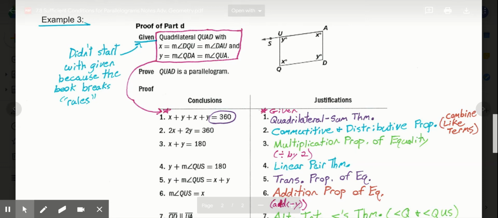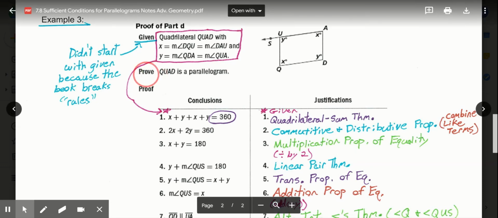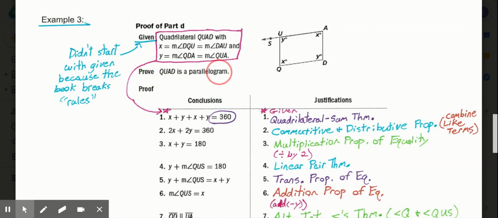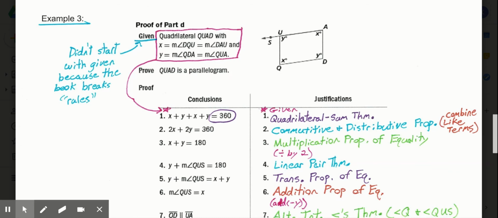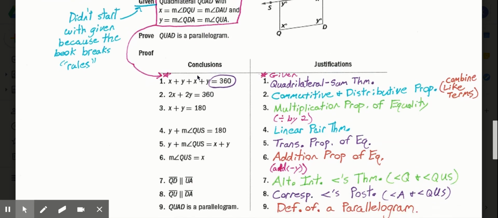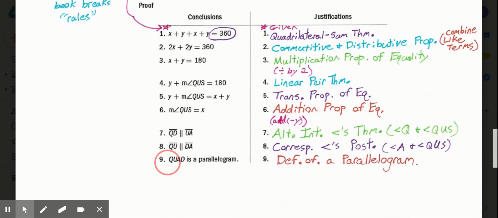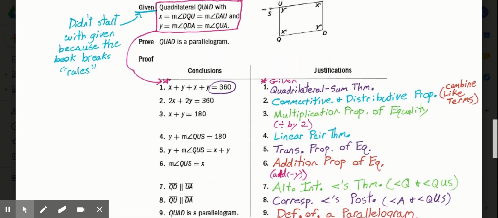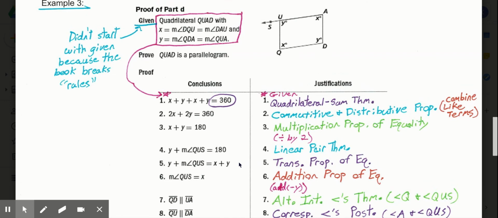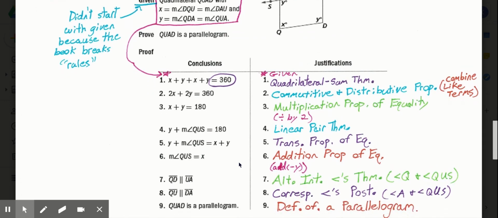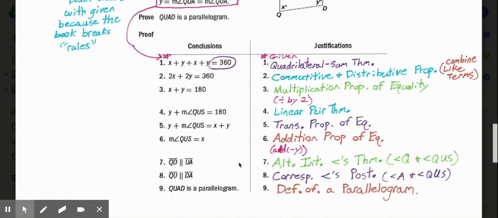Now, we always want to look at the prove statement. QAD is a parallelogram, so we know our final goal is to prove QAD is a parallelogram. So they filled in the conclusions for us. We just had to fill in justifications.